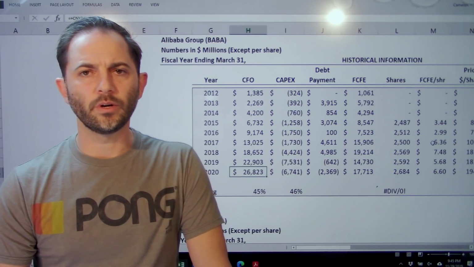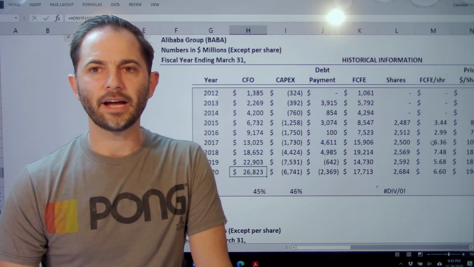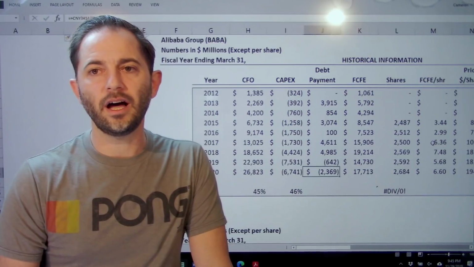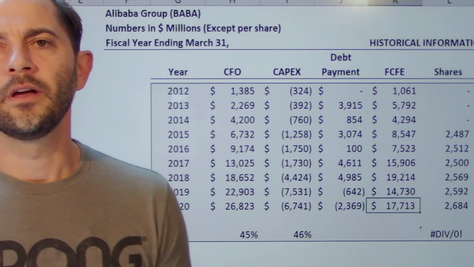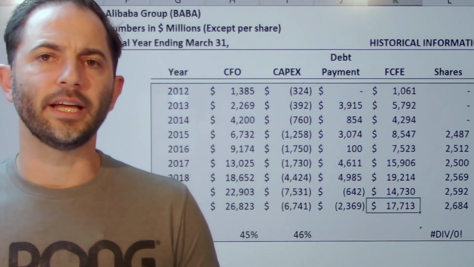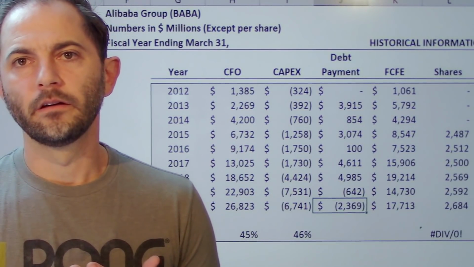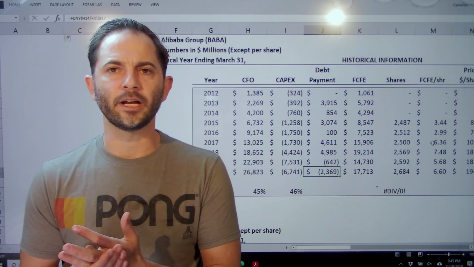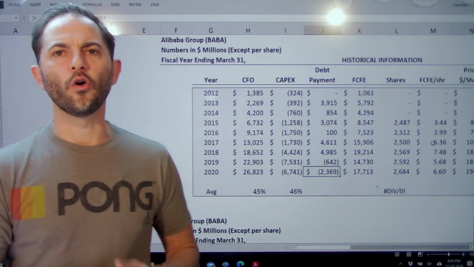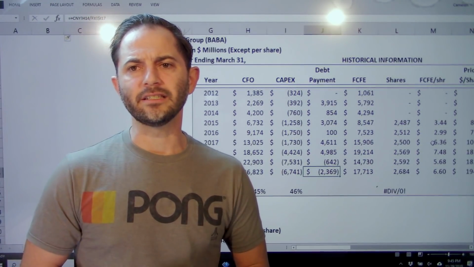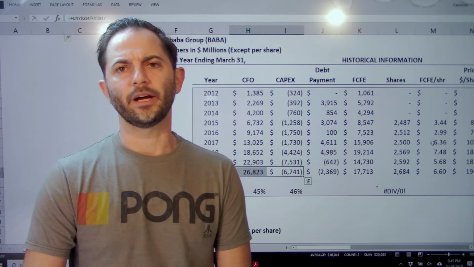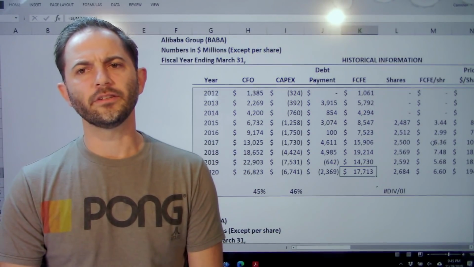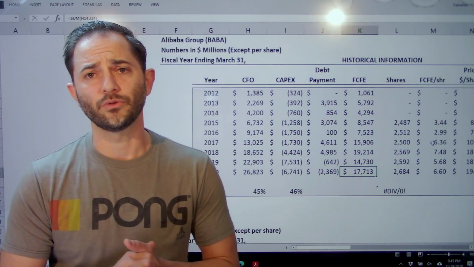That means that of the $26 billion in cash that they made, $6 billion goes back into CapEx, leaving almost $17 billion in free cash flow at the end of the year. They have a little bit of debt payment, but again, it's almost 0 in terms of its impact on the enterprise value. So I'm hopping over it because they could pay it all off easily, and then all this cash would go to the equity holders. I don't want to lower it for the $2 billion. So this 17 is the sum of all these, but I would say that 17 is closer to 19, frankly.